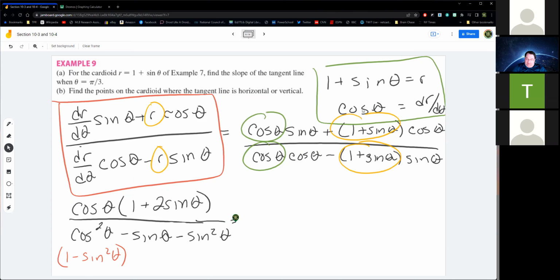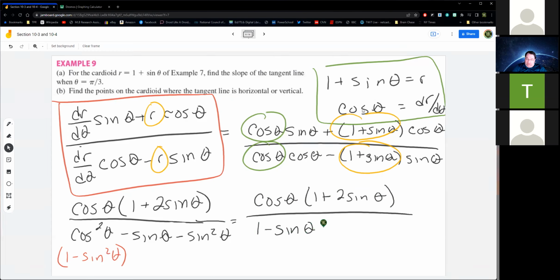So I have on the top cosine theta times 1 plus 2 sine theta, over 1 minus sine theta minus 2 sine squared theta.